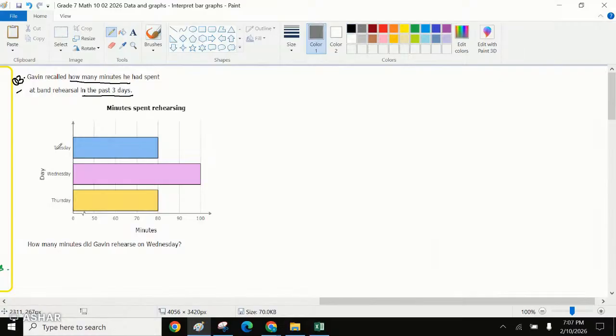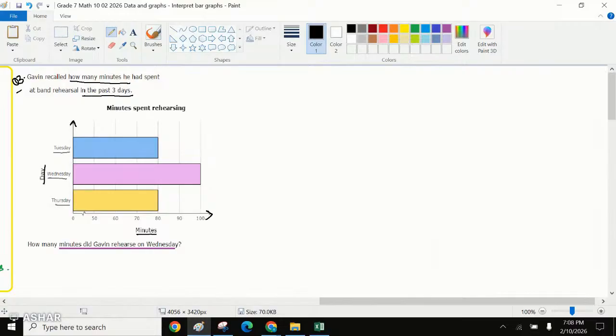The information for the days is Tuesday, Wednesday, and Thursday. They're asking us how many minutes did Gavin rehearse on a Wednesday? What we can see over here is the y-axis shows the days, the horizontal axis shows us the minutes, right?